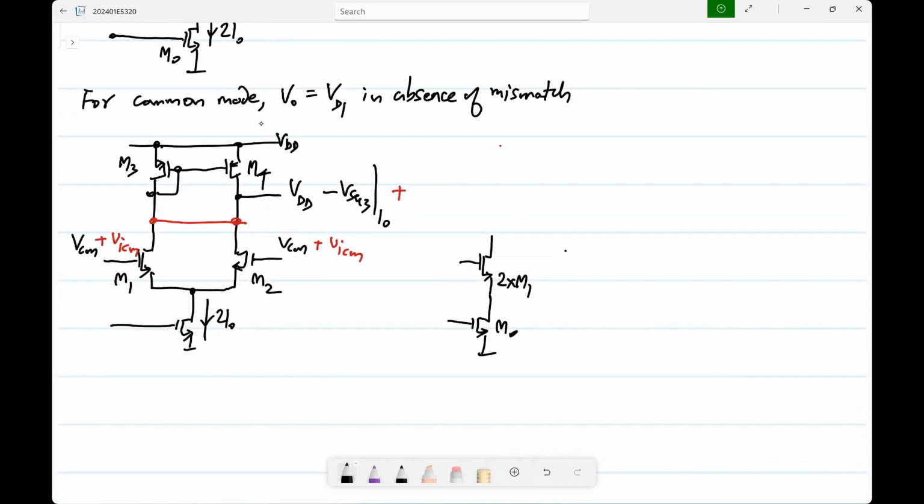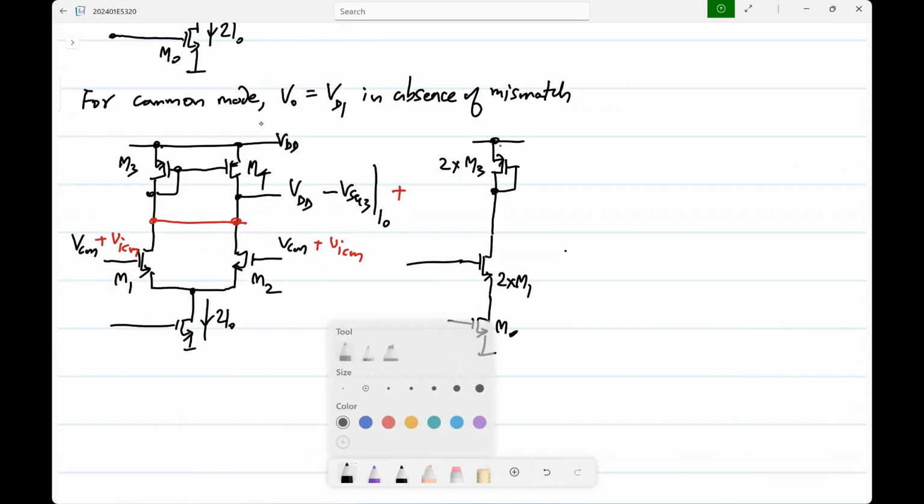What about M3 and M4? Again, all the terminals are shorted. So you have a diode connected transistor, which is 2 times M3. And here, incrementally, this is grounded, and incrementally I have VICM there, and here I have to find out what the increment is.